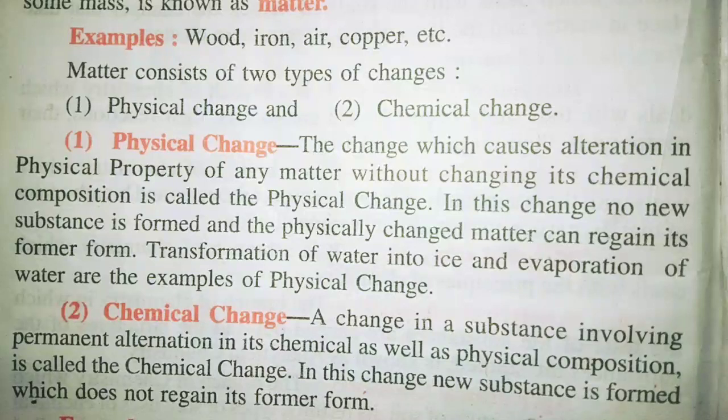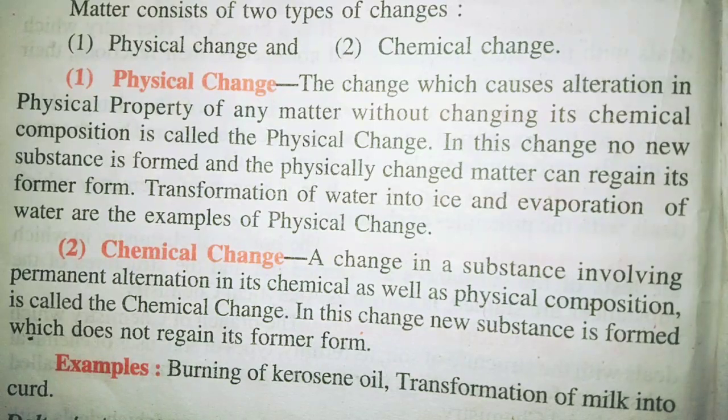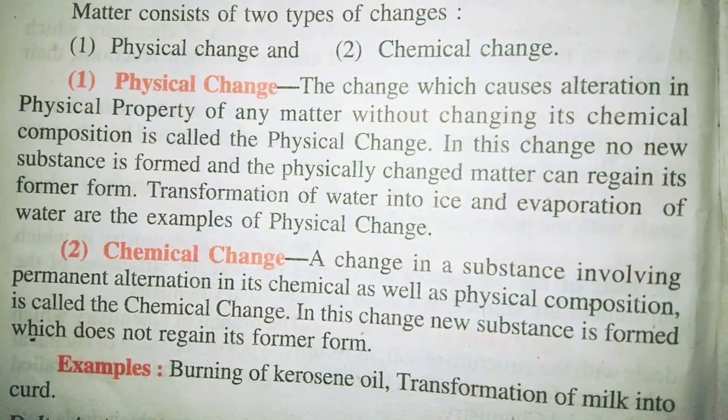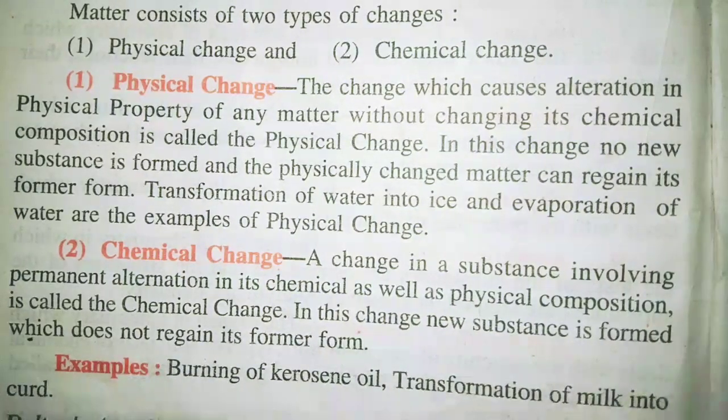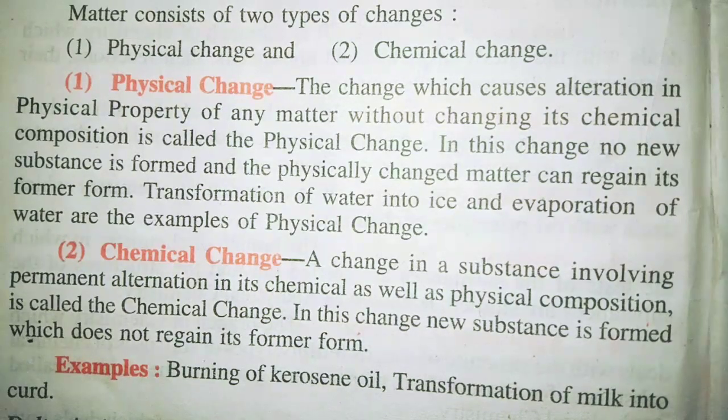In this change, a new substance is formed which does not regain its former form. Examples of it are burning of kerosene oil and formation of curd from milk. These are chemical changes.